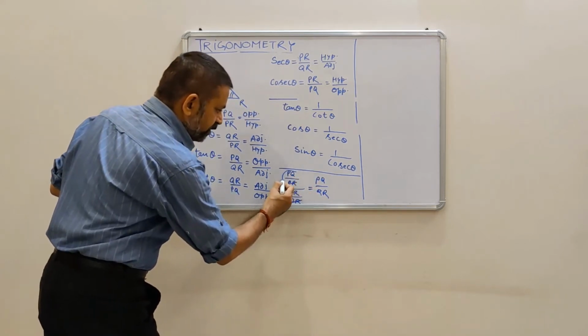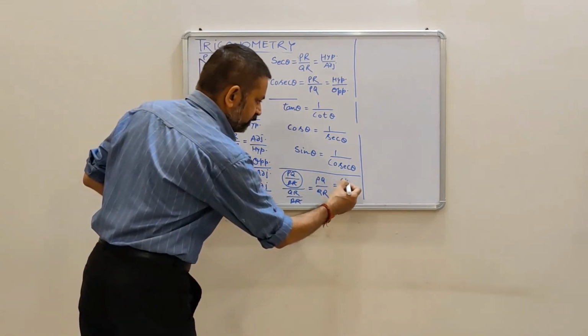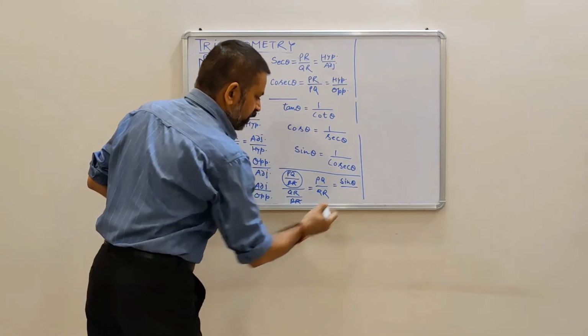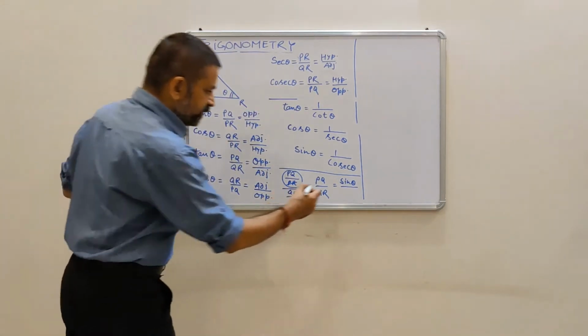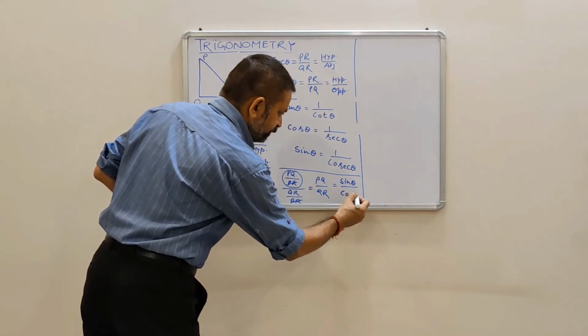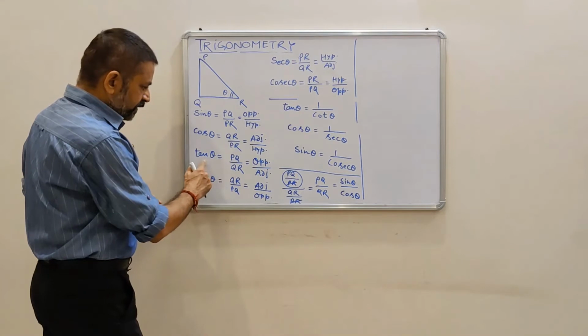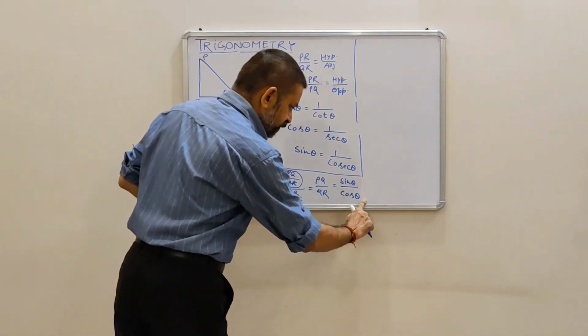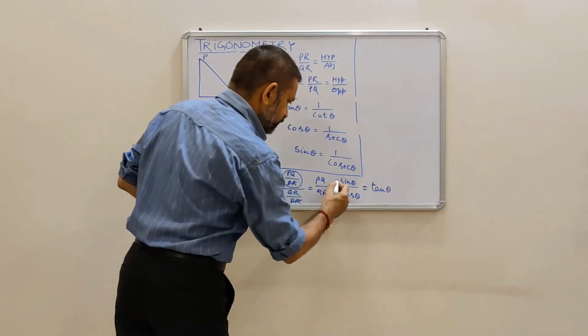So PQ upon PR was your sine theta, upon QR upon PR, which was cos theta. And PQ upon QR is tan theta. So it means sine theta upon cos theta is nothing but tan theta.